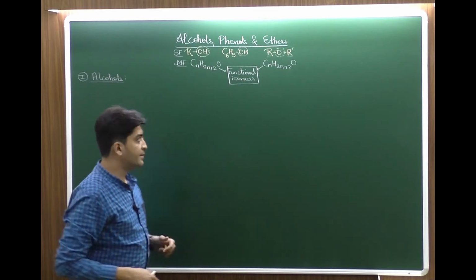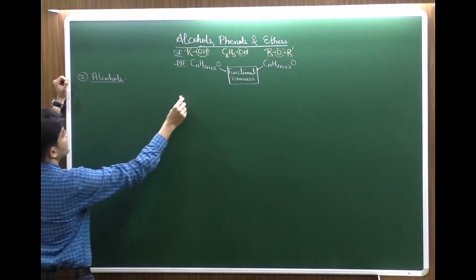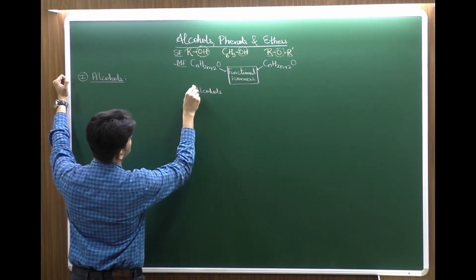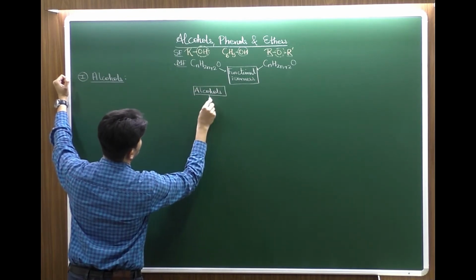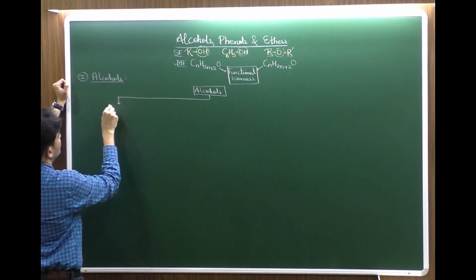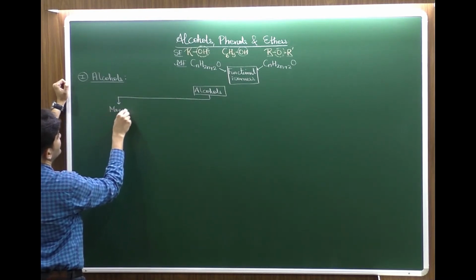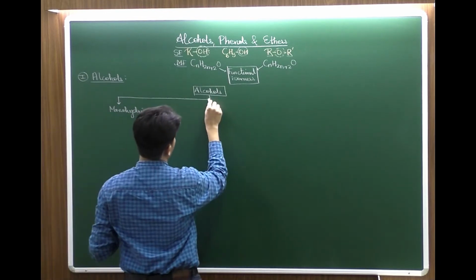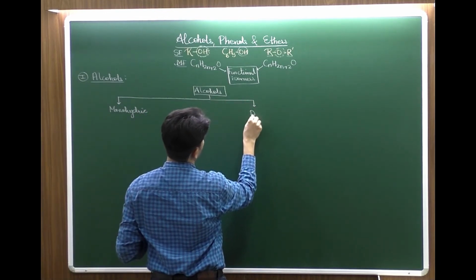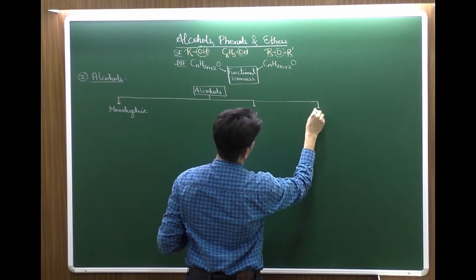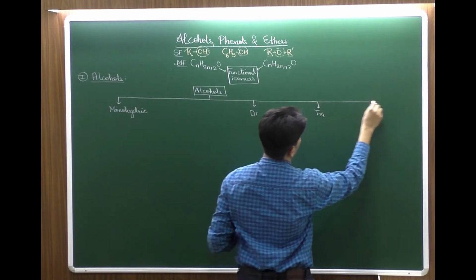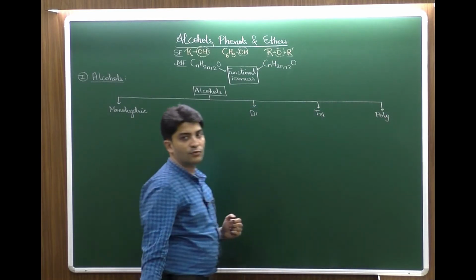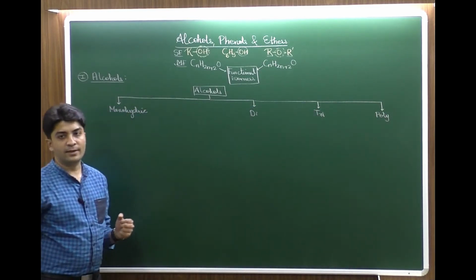On the same lines, even alcohols are classified depending on the number of OH groups. If it contains only one OH, we call it monohydric alcohol. Two OH, dihydric alcohol, three would be called trihydric, and four or more would be called polyhydric alcohols.